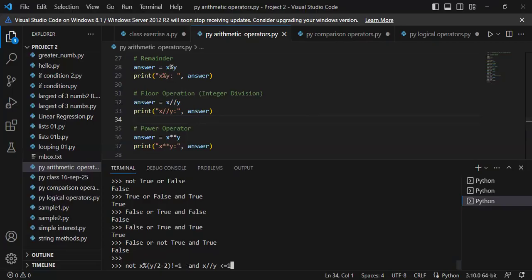Okay, this one is not equal to 1. Okay, that's right. Are we there?